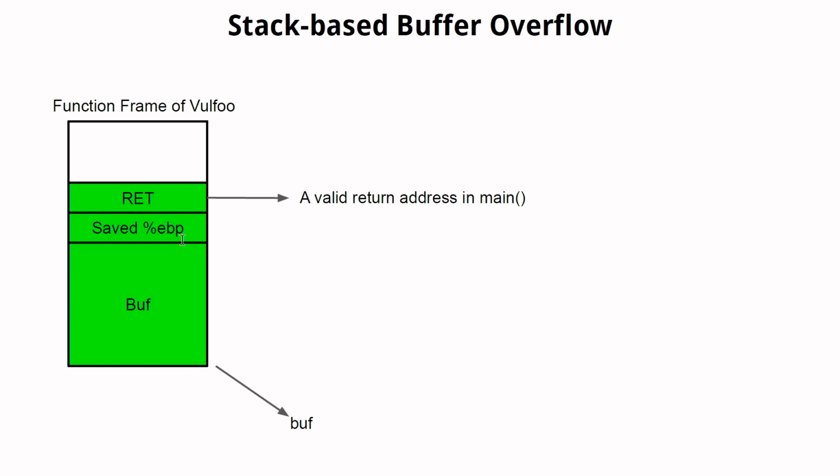This is what the stack looks like. In the Overflow function, it has a buffer, the saved EBP, and a return address. Before overwriting, the return address is valid. It's a legit return address, actually somewhere in the main function.